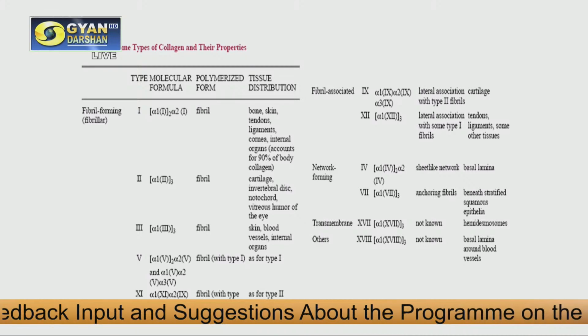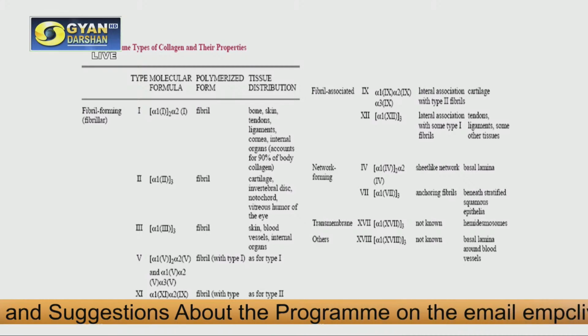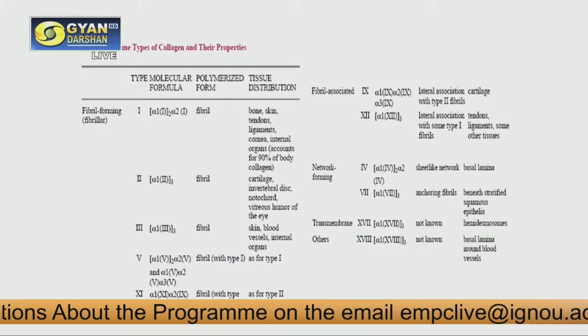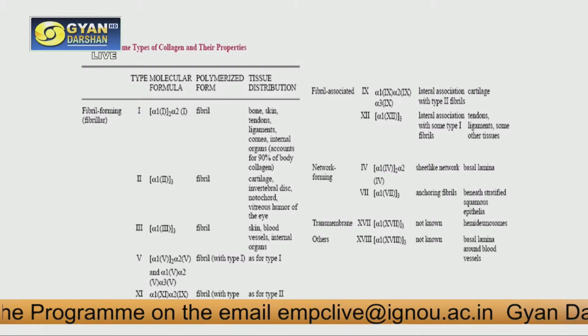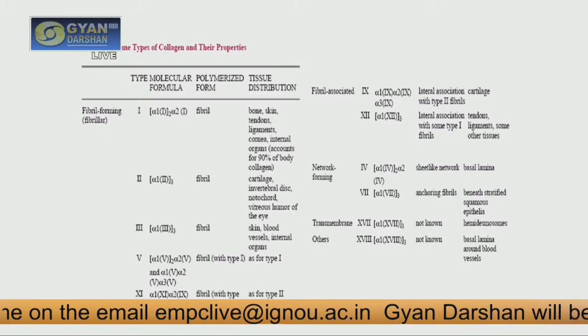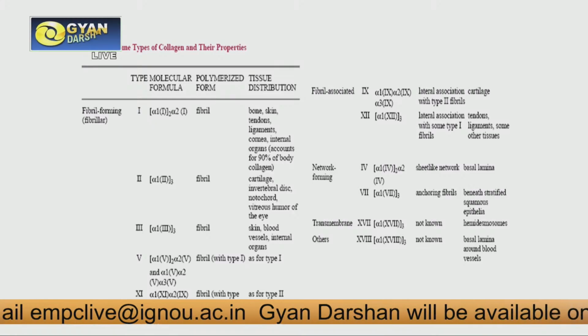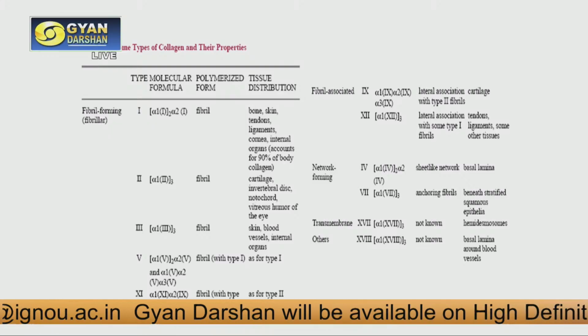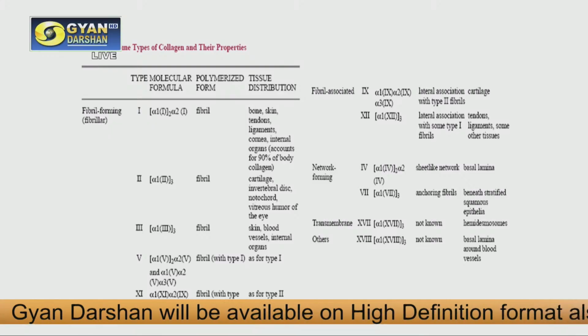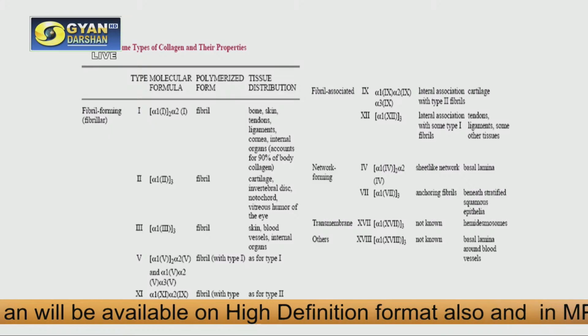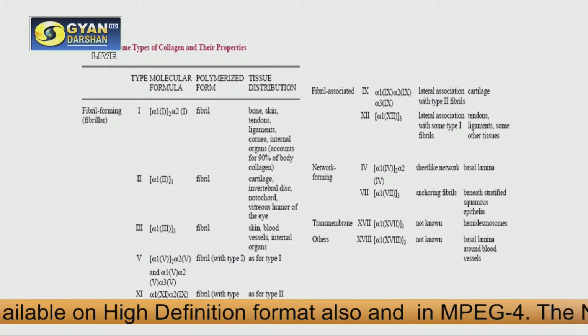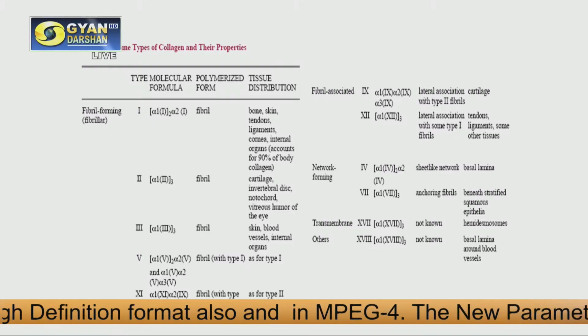The most abundant, the most common collagen, is the fibrillar collagen. So you can see that collagen is divided into different types: type 1, type 2, type 3, type 5, type 11. These are all the fibrillar collagen.